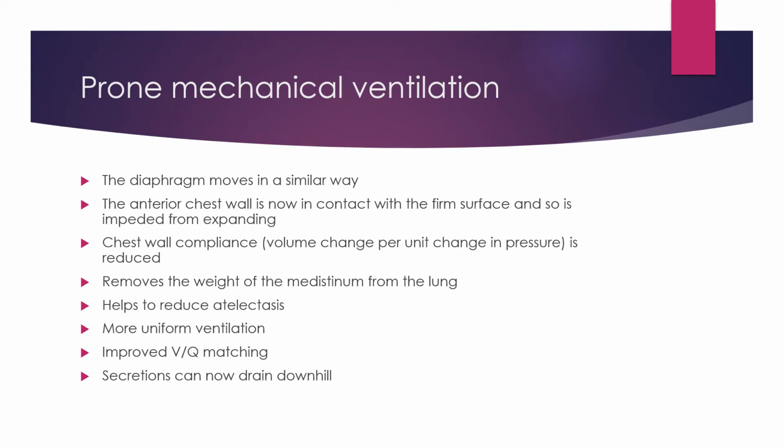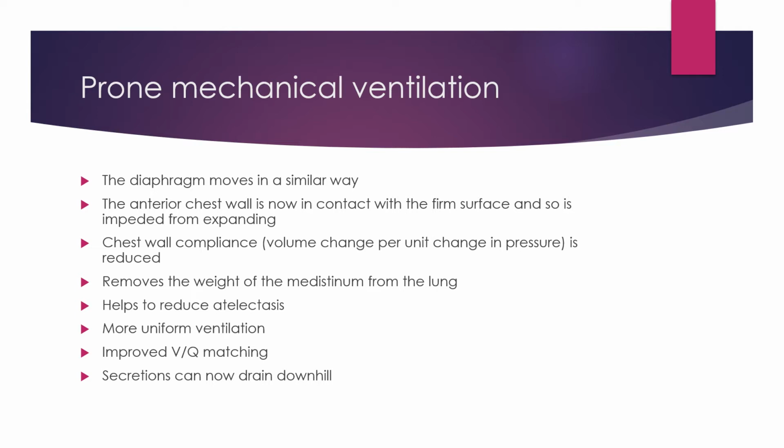When a patient is turned prone, the diaphragm will move in a similar way. The anterior chest wall is now in contact with that firm surface and so is impeded from expanding. The overall effect of this is that chest wall compliance, that is the volume change per unit change in pressure, is reduced.